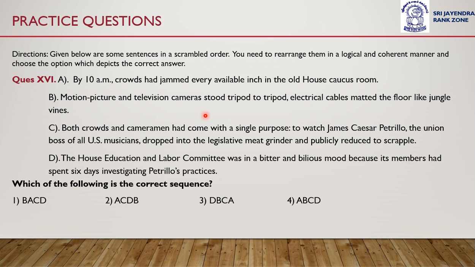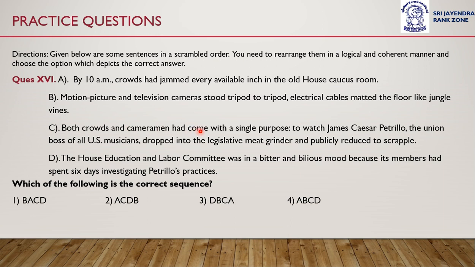By 10 a.m., crowds had jammed every available inch in the old House caucus room. Motion picture and television cameras stood tripod to tripod, electrical cables matted the floor like jungle vines.